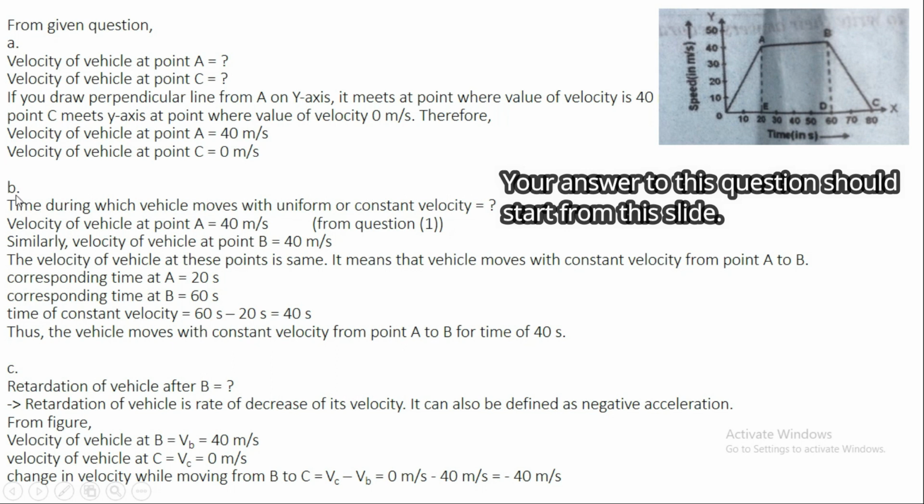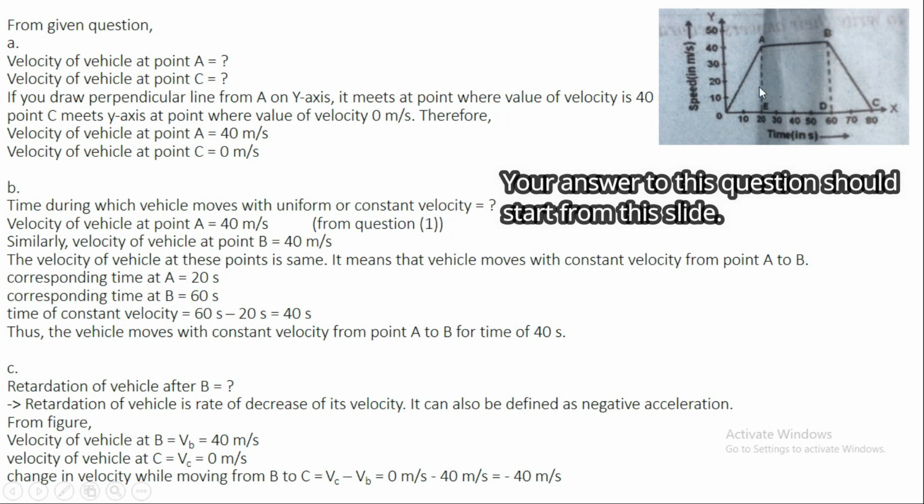Now for question B: the time during which the vehicle moves with uniform or constant velocity is equal to what? I have told you the graph showing constant velocity is AB. The velocity of the vehicle at A is 40 meters per second and at B is 40 meters per second. If you find the difference between them, it becomes zero. Now look at the corresponding time.